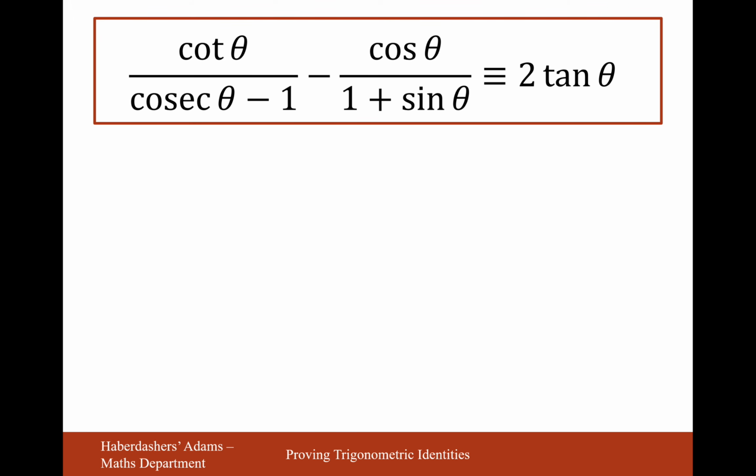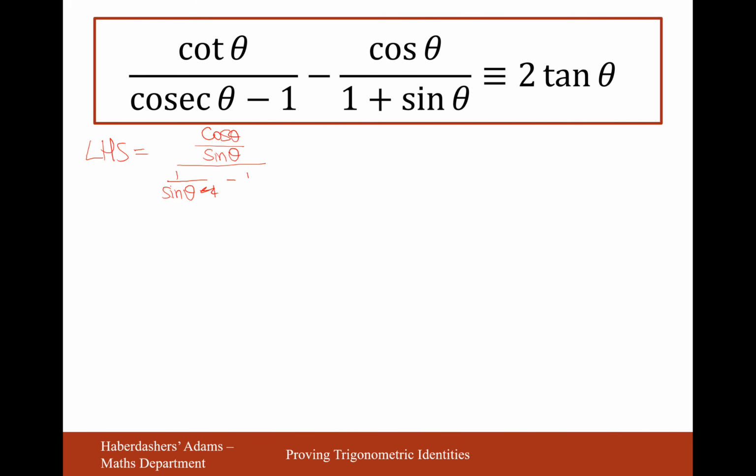Okay, so this question is cot theta over cosec theta minus 1, minus cos theta over 1 plus sine theta, is equal to 2 tan theta. Okay, so what I'm going to do is write out the left hand side in terms of sines and coses. So it's going to be cos theta over sine theta, over 1 over sine theta minus 1.